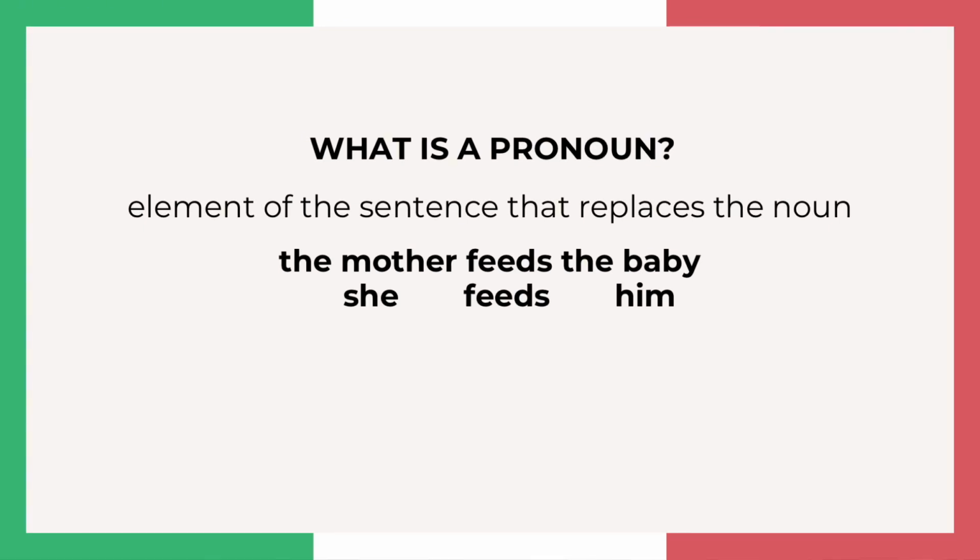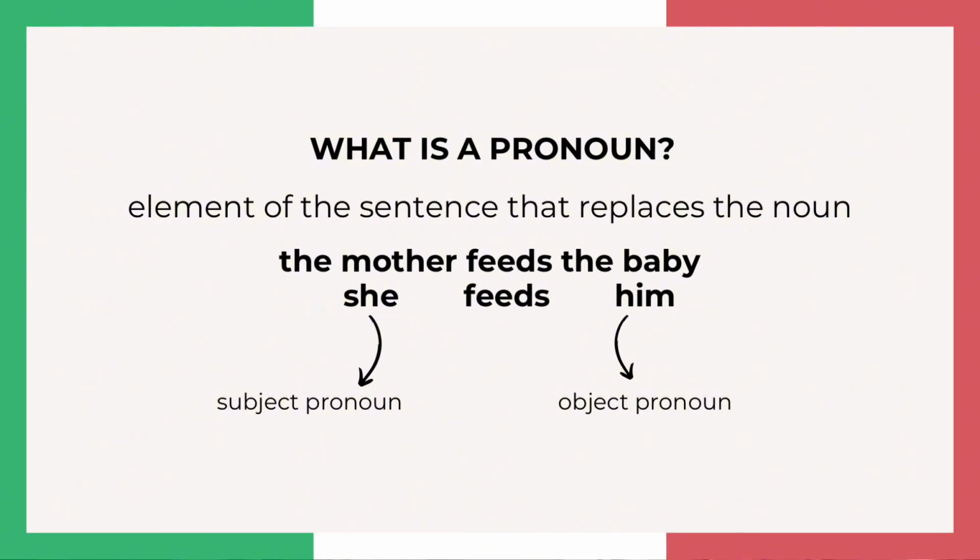In this sentence, she is the subject pronoun because it replaces the mother, which is the subject, the person who does the action. Him is the object pronoun because it replaces the object, which again is the entity the action is acted upon, the person or object that experiences the action.